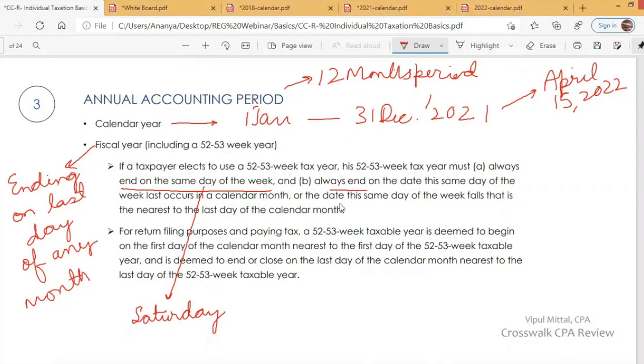And it always ends on the date this day of the week last occurs in the calendar month. You have to select a calendar month. So I'm selecting April. Let's see. You can select any month. This 52-53 week tax year always ends on the date. This date you have to determine.